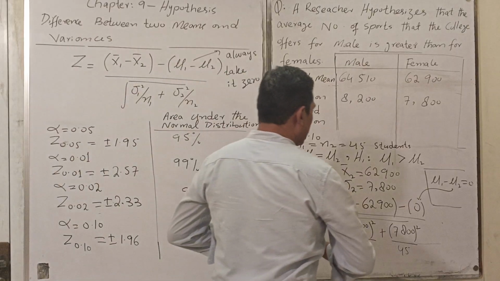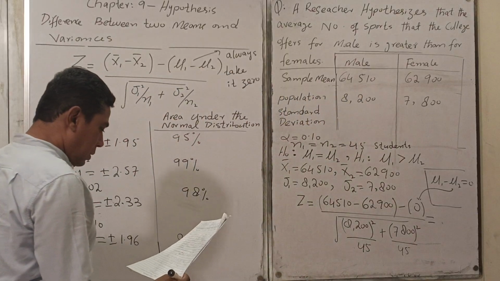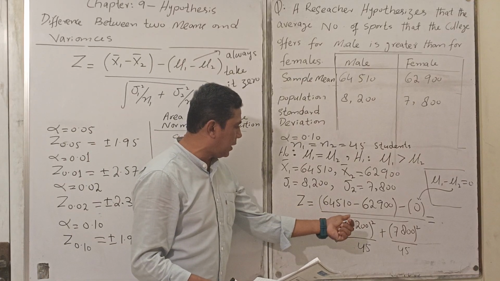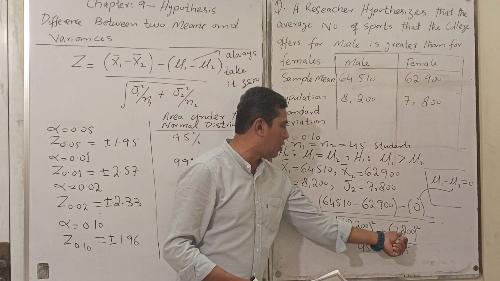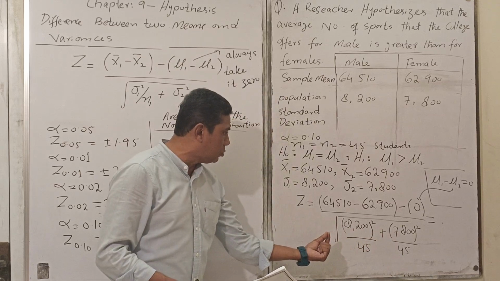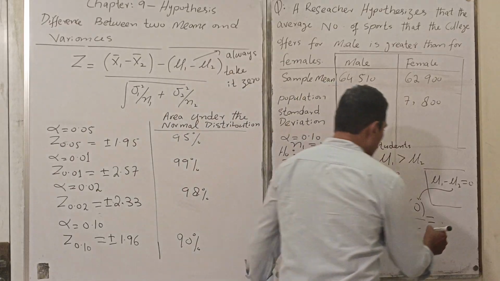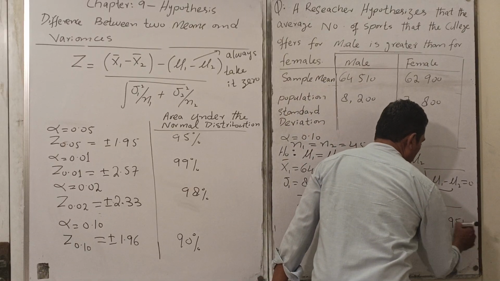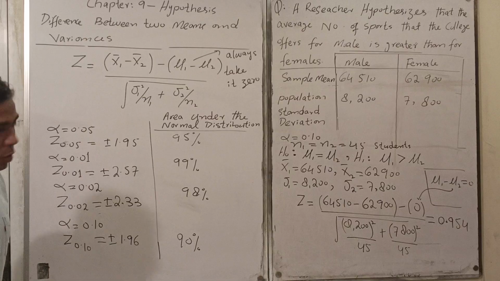Your final answer: taking the square of these values and dividing by 45, and again taking the square of 7,800 and dividing by 45, then adding these two values, and dividing the numerator by it. So the final answer is 0.954.